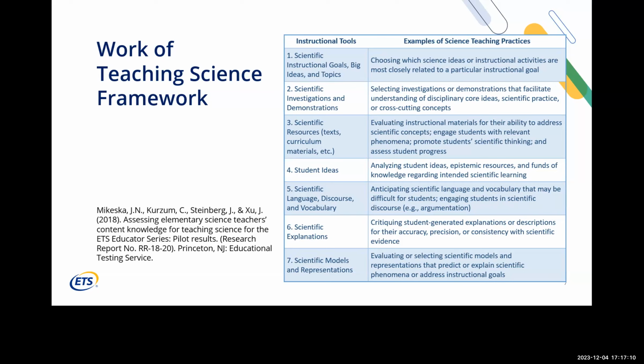For example, if you look at category 1, it's important that beginning elementary science teachers are able to choose instructional activities that are well aligned to specific instructional goals. Or if you look at category 6, scientific explanations, it's important that beginning elementary science teachers can critique student-generated explanations using different criteria and for different purposes.